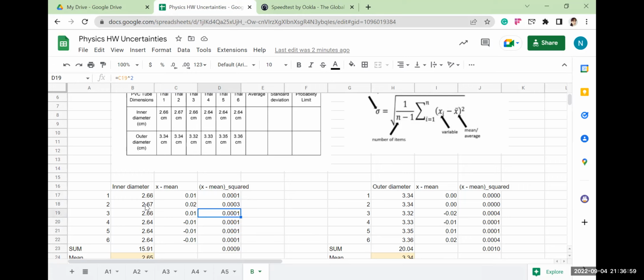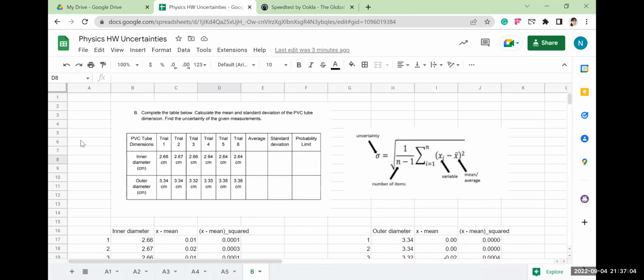Okay? Okay, so I want you to do this on your paper. I'll give you some time. I want you to tell me what the sum is. Okay. Do this on your paper. So, isa-isahin natin.